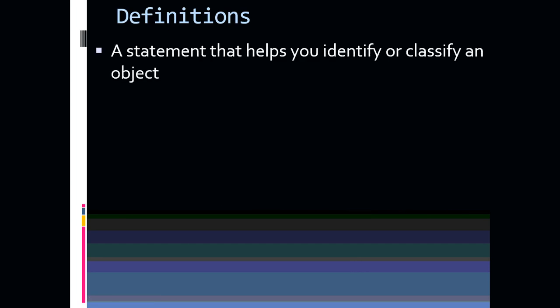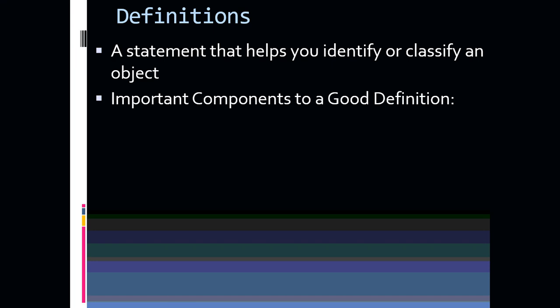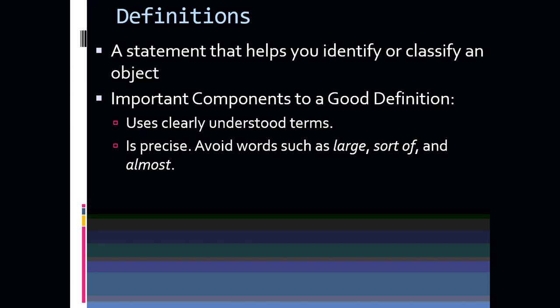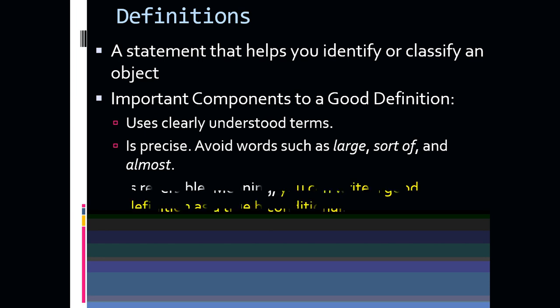A definition is a statement that helps you identify or classify an object. Important components of a good definition: use clearly understood terms. It's precise, so avoid words such as large, sort of, almost, which are vague.